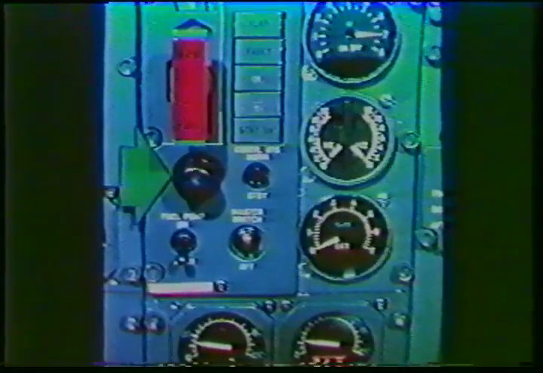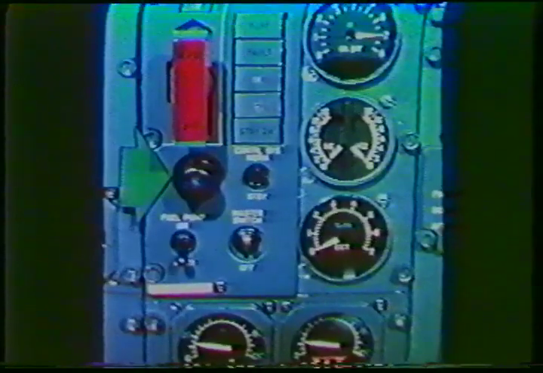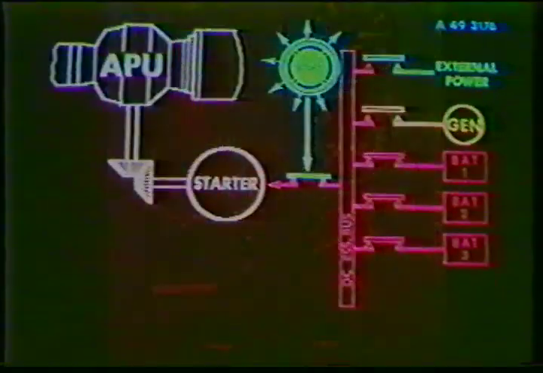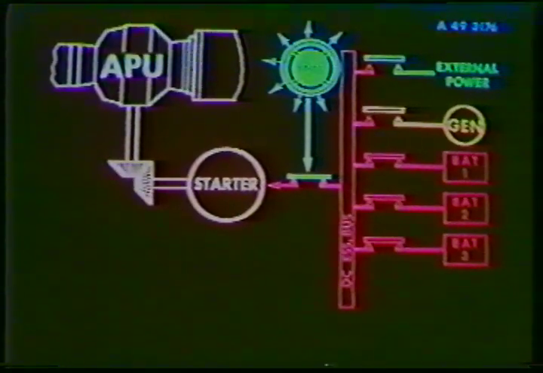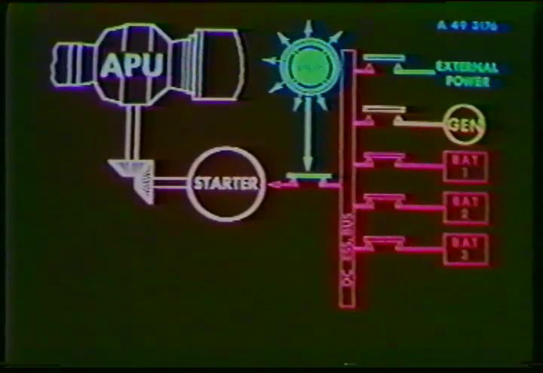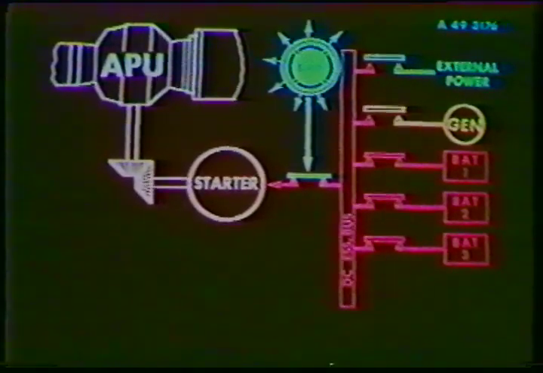The start push button, when it is pressed, illuminates blue and allows the APU to be started by an electrical starter, which is supplied through the DC essential bus bar by external power, or by the engine generators, or by the batteries. The starting sequence is automatic. During the start cycle, the push button remains illuminated blue.